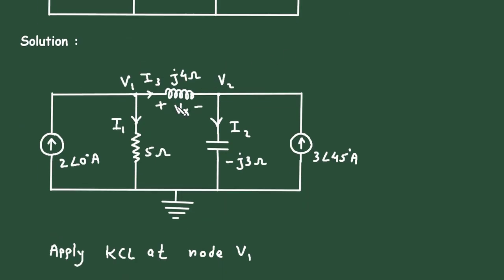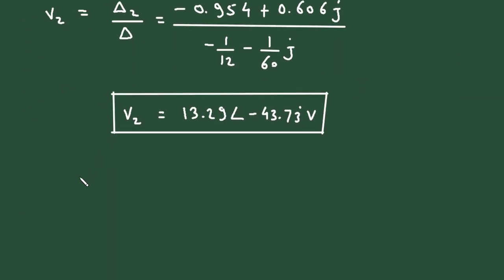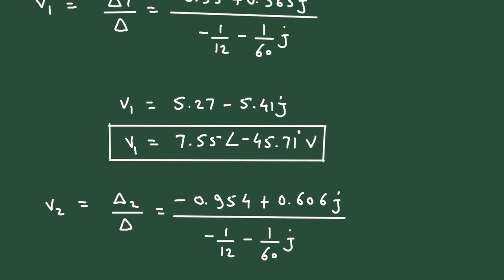So here we can see Vx we have to find, and Vx is equal to V1 minus V2. So let's write it here. Vx is equal to V1 minus V2. The value of V1 is, this is the value of V1. Let's copy this from here.